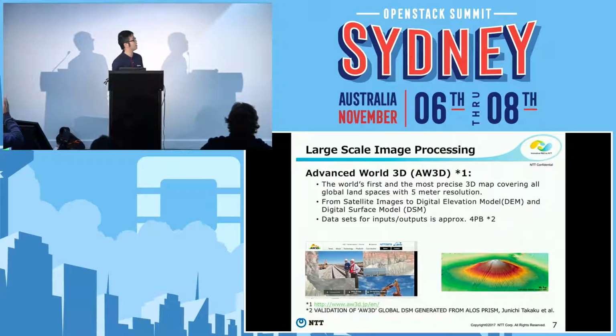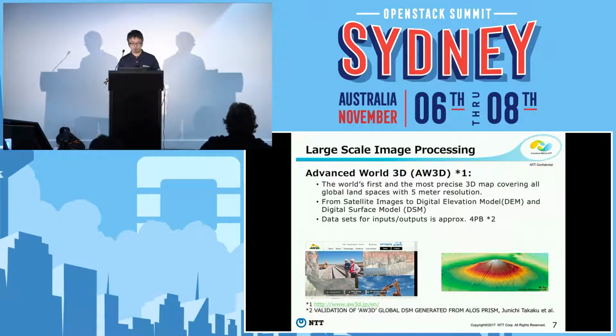This is our proof of concept work to apply to our production software. This is large-scale image processing, called the Advanced World 3D Project, which is being done by our group company, NTT Data. Advanced World 3D is a project providing a high-resolution 3D map for customers.